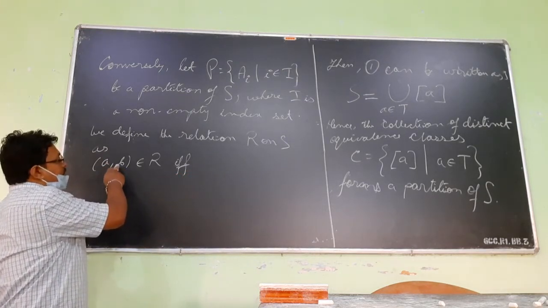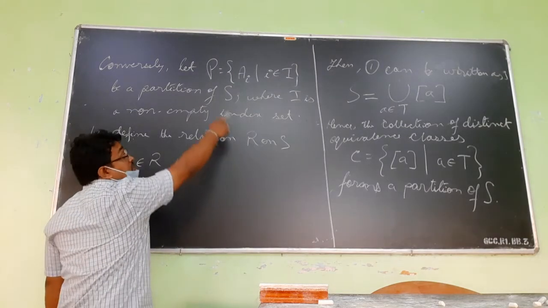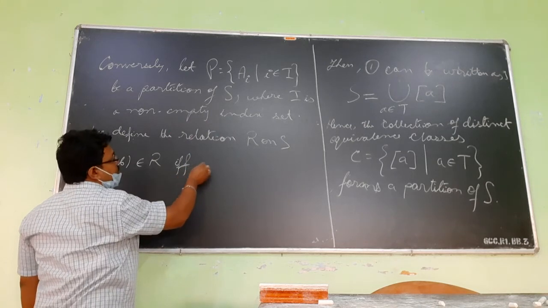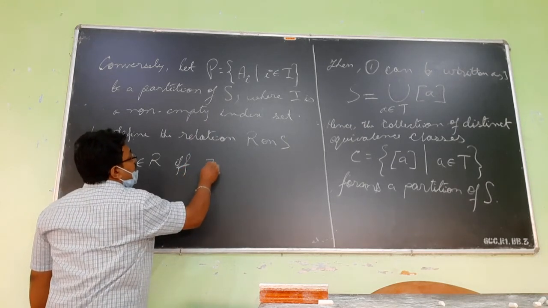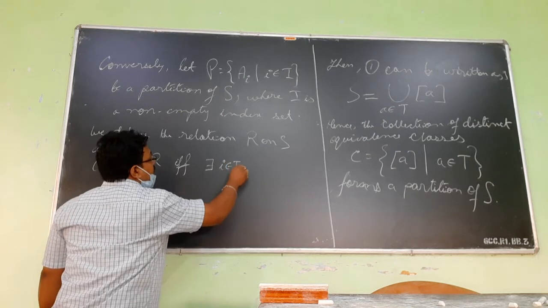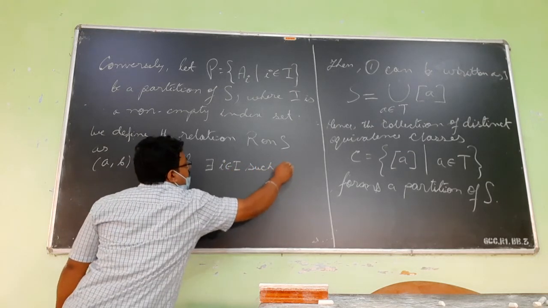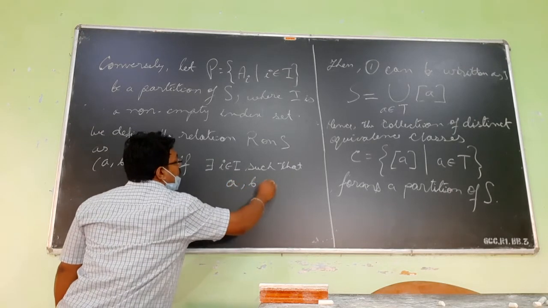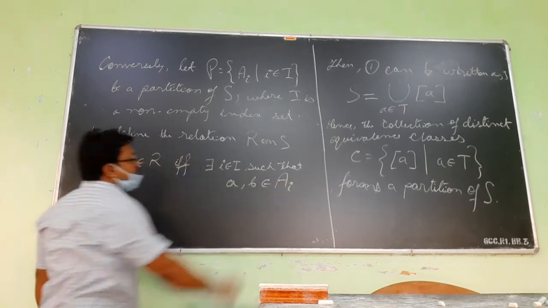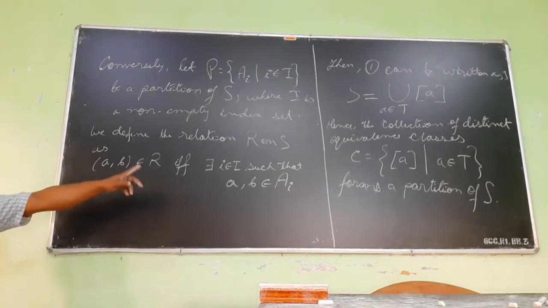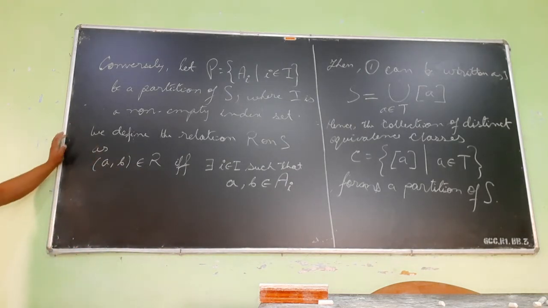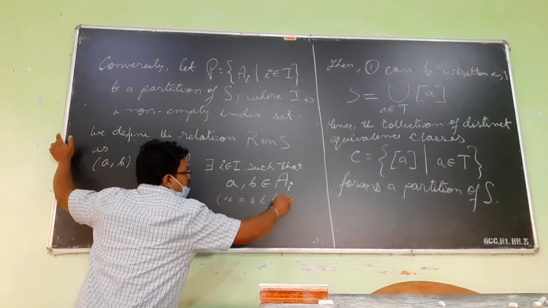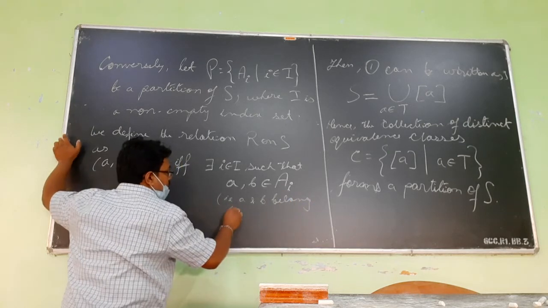So last day I had written if and only if A and B belong to the same subset here, the same member of P. So I can write it this way: if and only if there exists an I inside capital I such that (A, B) belongs to A_I. That means A and B belong to the same member of the partition.